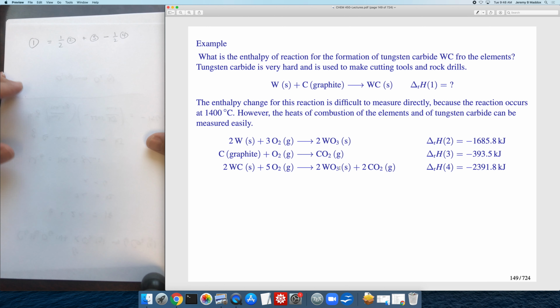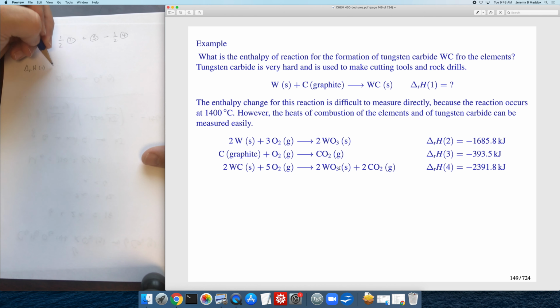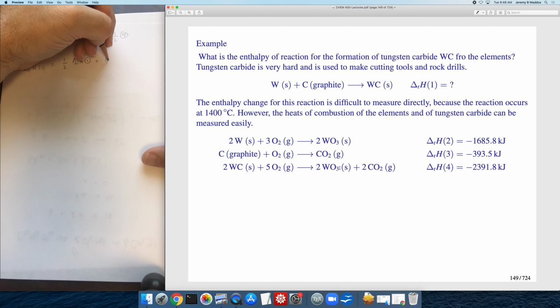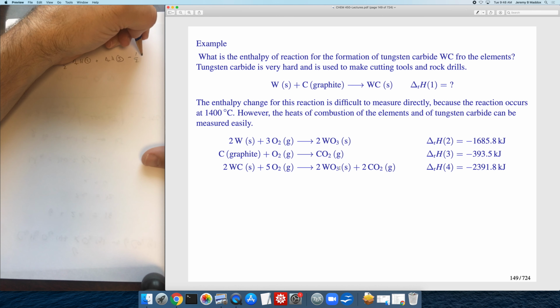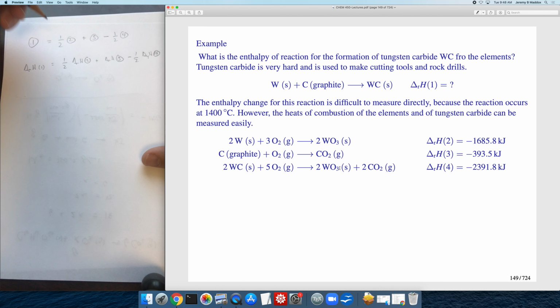For the enthalpy calculation itself, the enthalpy of reaction for reaction 1 is going to be 1/2 the enthalpy of reaction for reaction 2 plus the enthalpy of reaction for reaction 3 minus 1/2 the enthalpy of reaction for reaction 4.